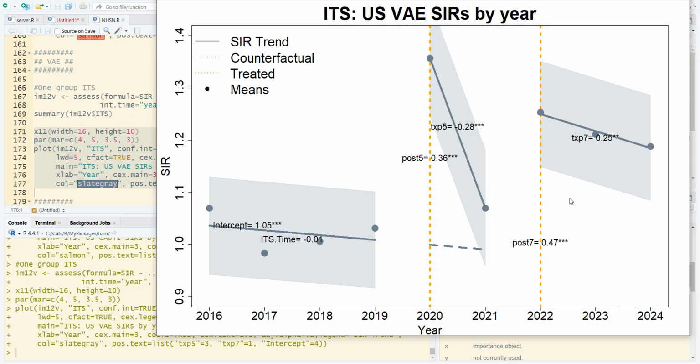So we can clearly see it's decreasing, but in comparison to the previous period, which interrupted time series does, this trend has a positive trend compared to what we see in the middle period. It's just that the middle period has such a steep decrease.